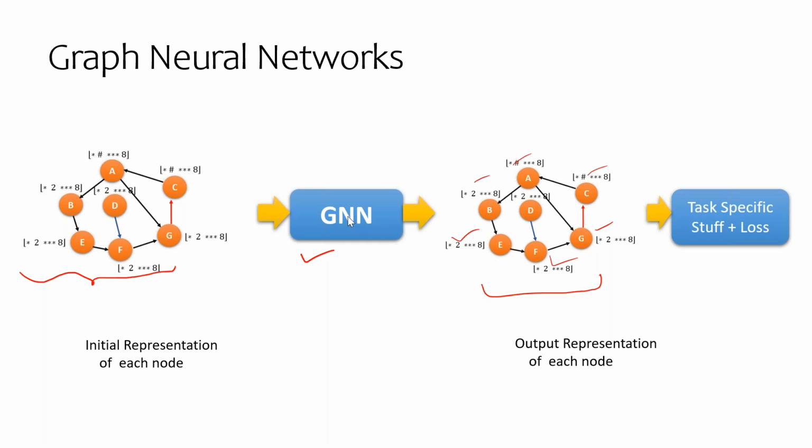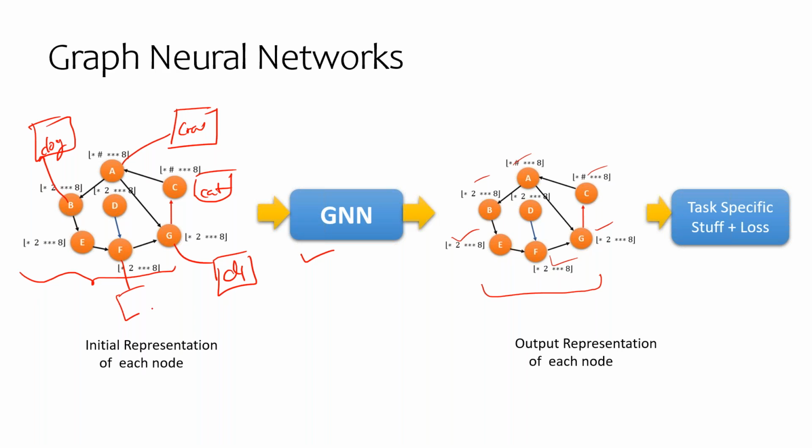So a vector, or let's say, instead of these nodes, I have an image of a cow, an image of a cat, an image of some dog, or probably some family of dogs here, right?